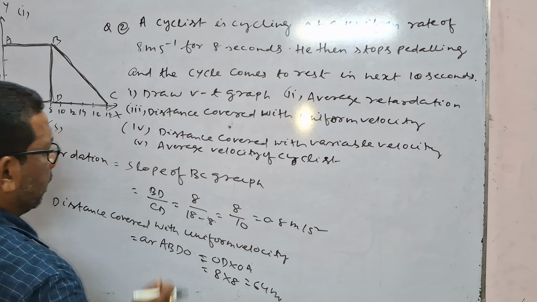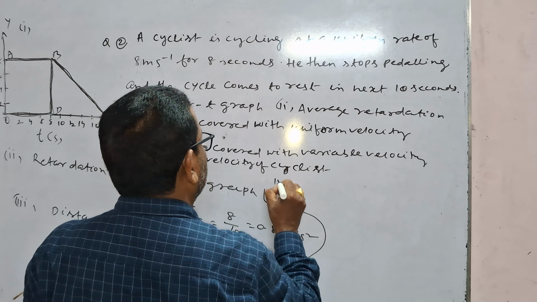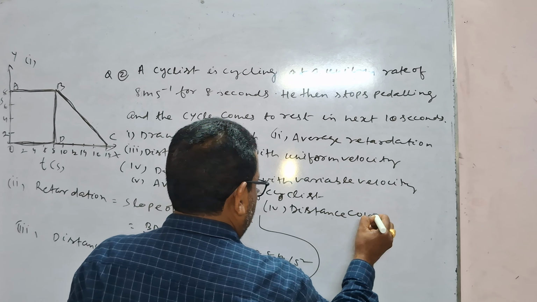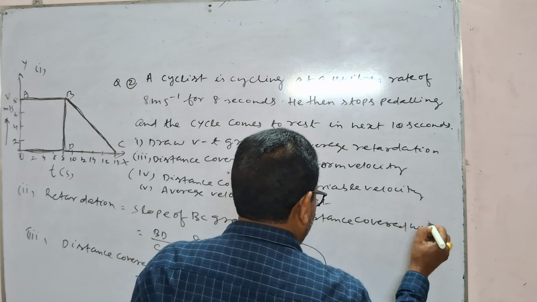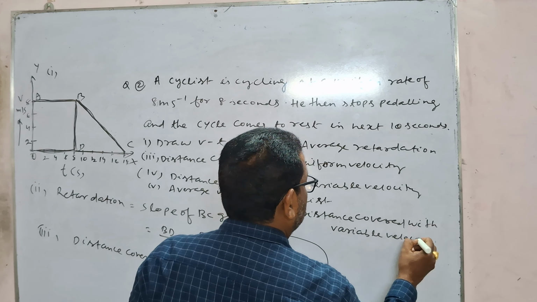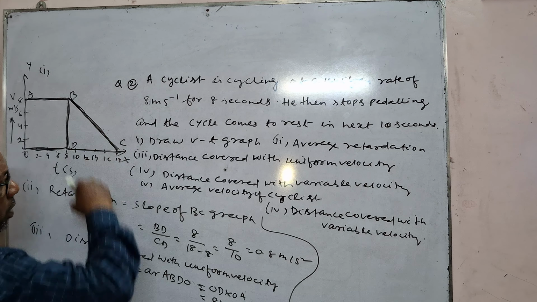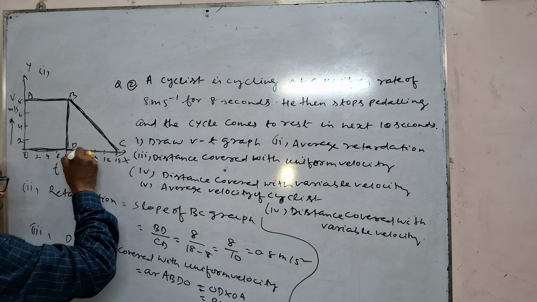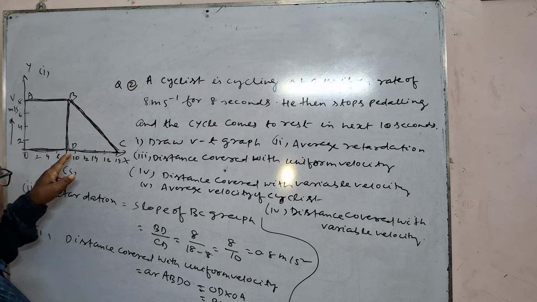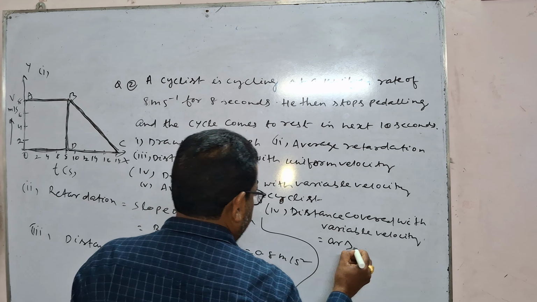Then we have to find the distance covered with variable velocity. In which part is velocity variable? In part BC the velocity is variable. So we have to find the area enclosed between BC and the time axis, which is the area of triangle BCD.